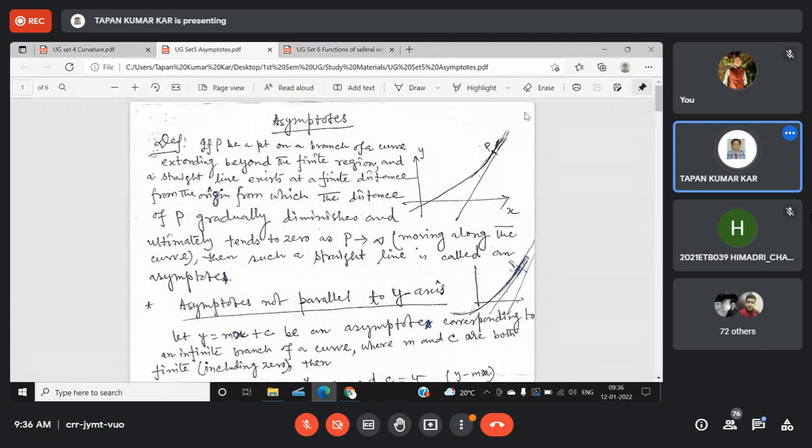And if it is such that when P tends to infinity, meaning it is moving very far away, then the distance between the curve and the straight line tends to 0.